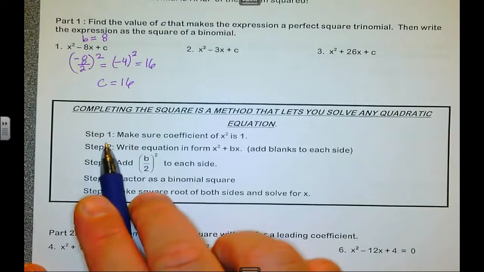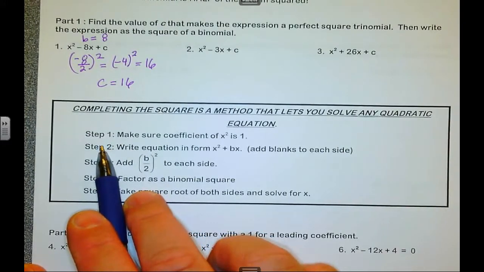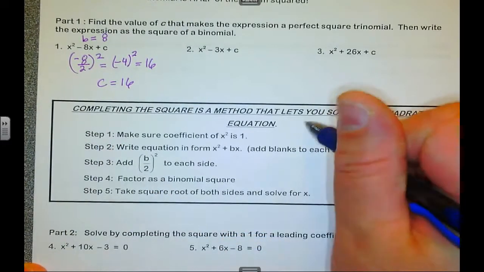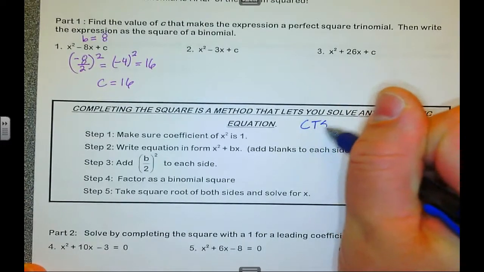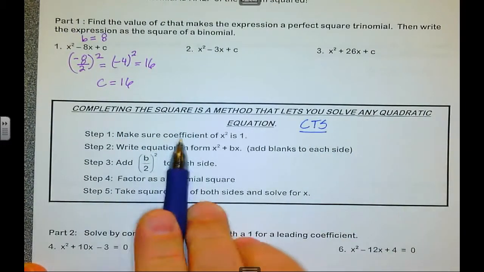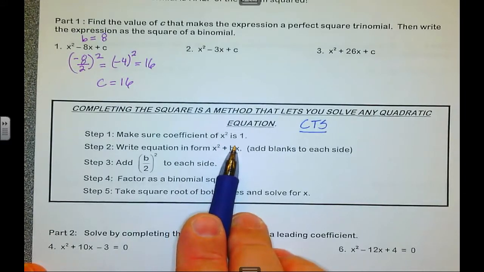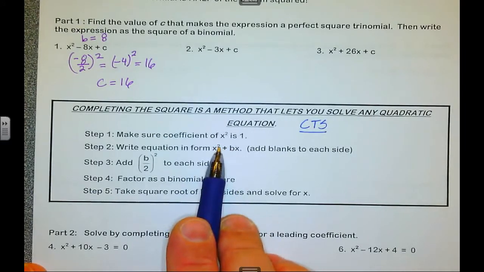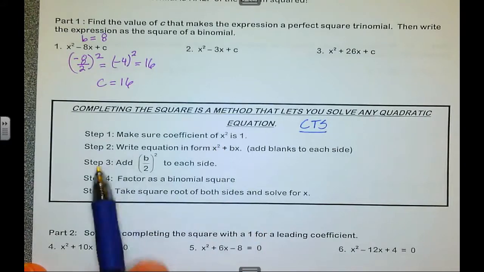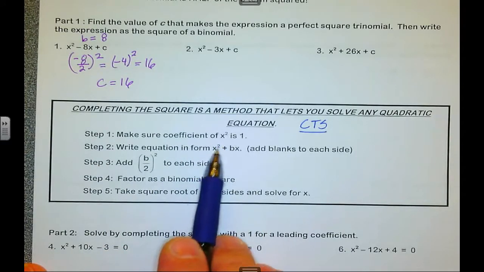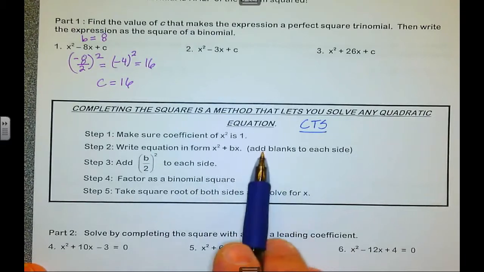Okay, here's the process of how to complete the square, or CTS. Make sure your coefficient of x squared is 1. You can't do it if your coefficient is something other than 1. Write the equation in the form of x squared plus bx.